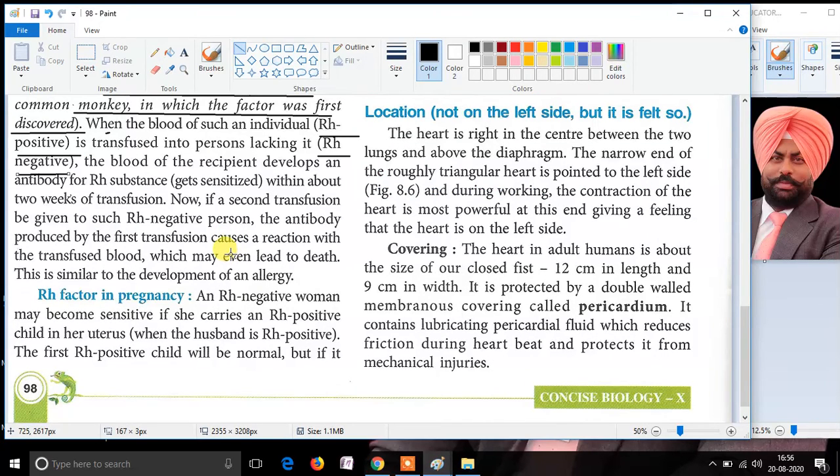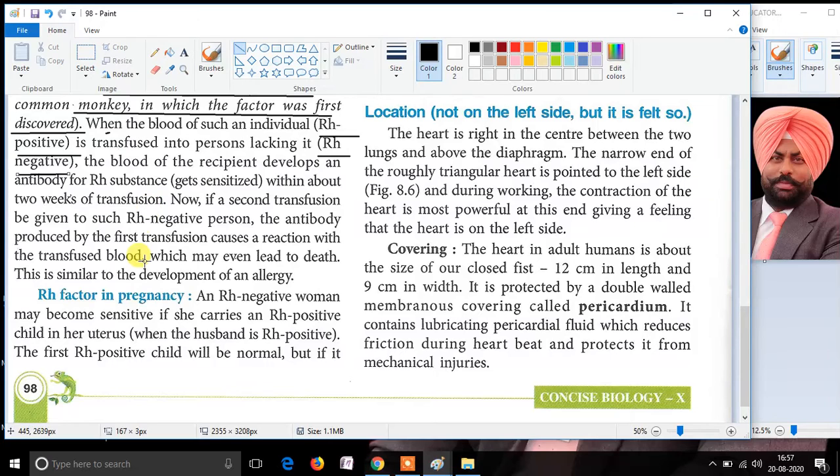This Rh system counts a lot for the transfusion of blood, as it says that Rh positive blood can't be given to an Rh negative person, while Rh negative blood can be given to a person having a blood group with Rh positive factor.